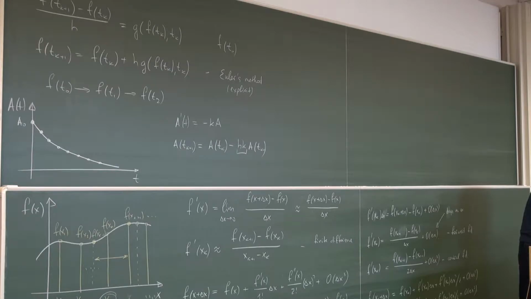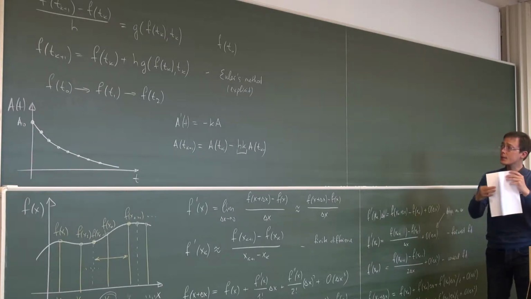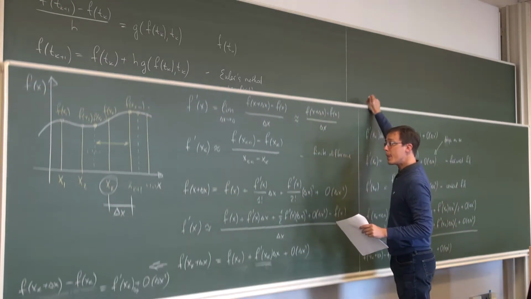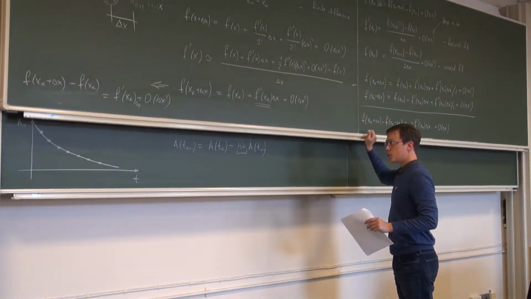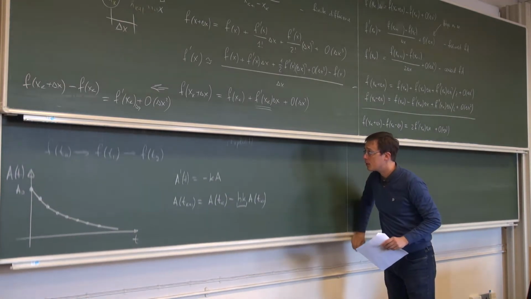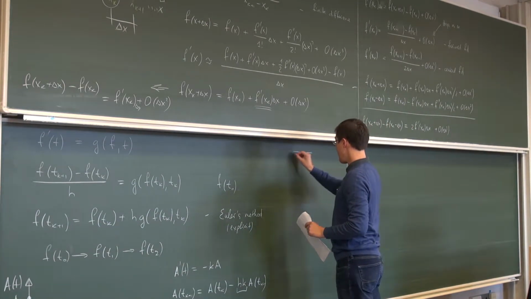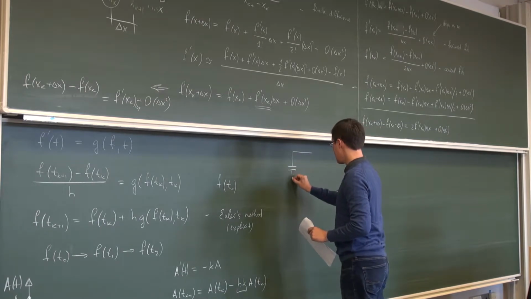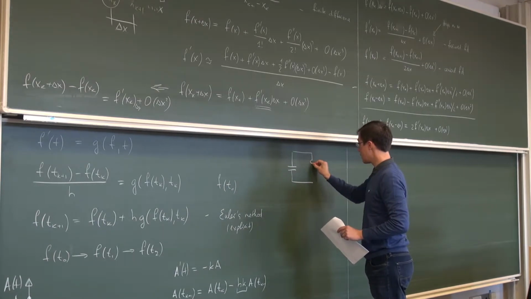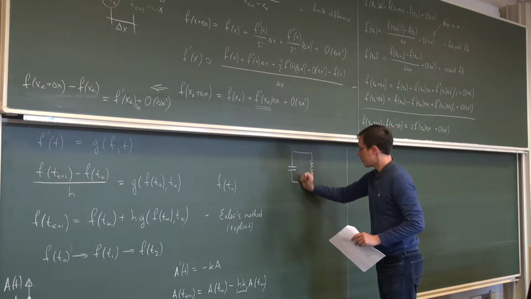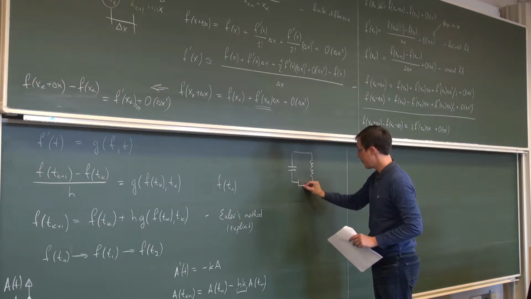This one's from physics. An electrical oscillator, so just a circuit, which you may remember from your school physics course. Something like that. So capacitor here and an inductor here, with perhaps a resistance in the chain.